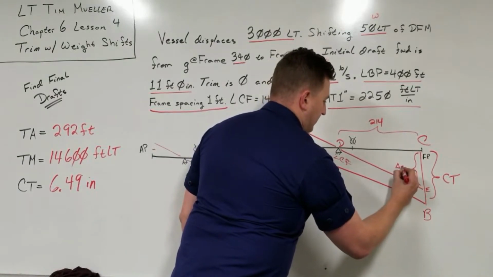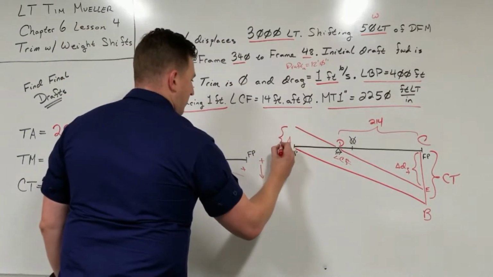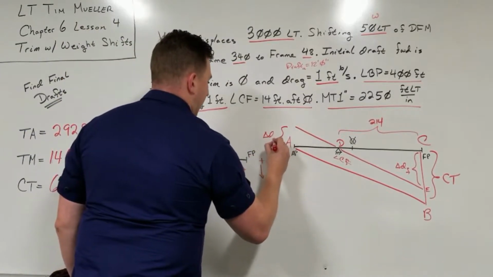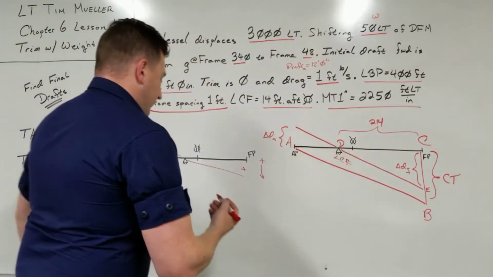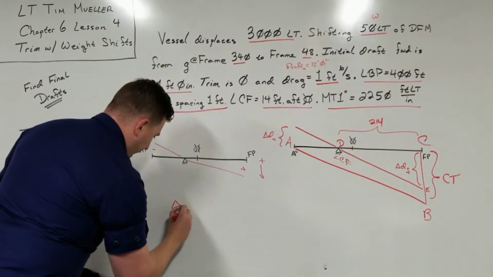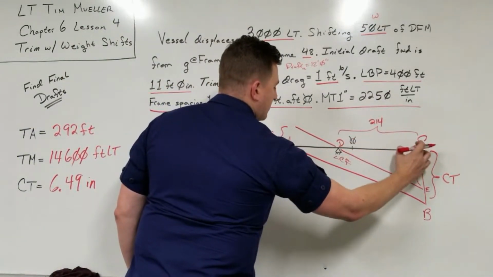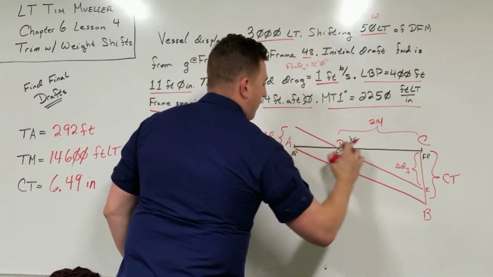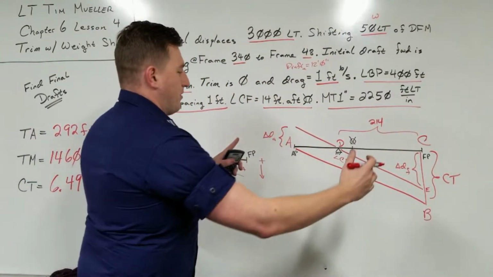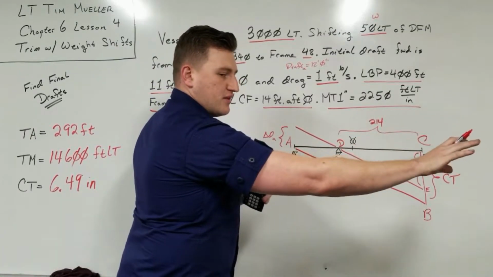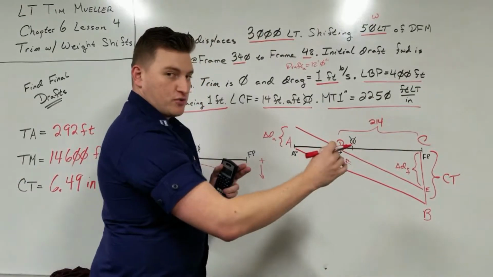This is going to be our delta D forward, and here is our delta D aft. We'll get to that in a second. So now we have to find our delta D forward. Delta D forward equals the ratio between this length and the overall. You just think of it like a lever. The very tip of a longer arm is going to move further than a shorter arm.